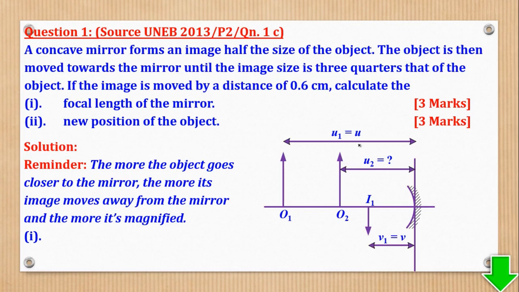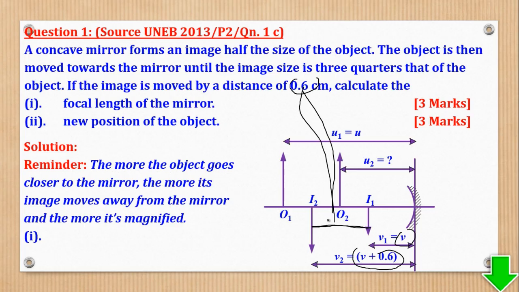But the good thing, the new image is at a point such that the distance between the two images is 0.6. That is why if this is v, this will be v plus 0.6, because the distance from here to here was 0.6. Okay, so with that, we can now go ahead.